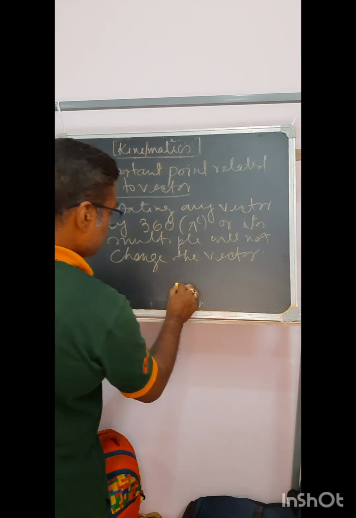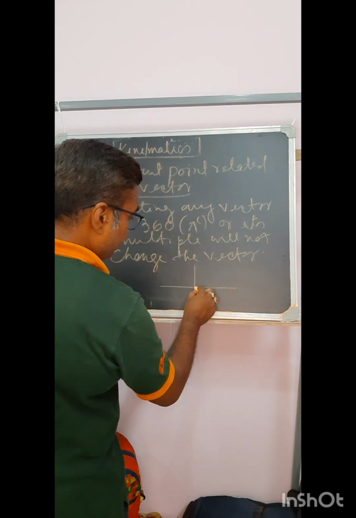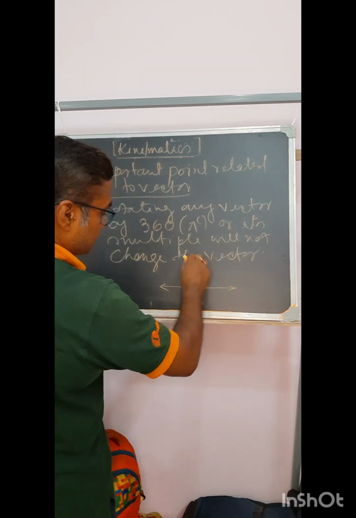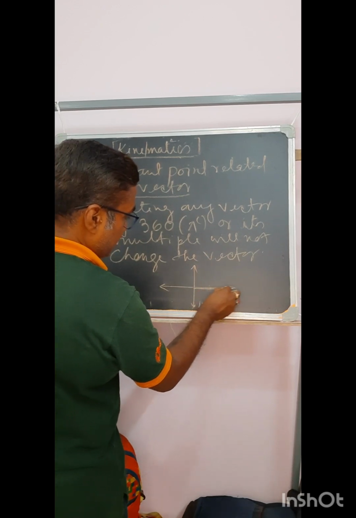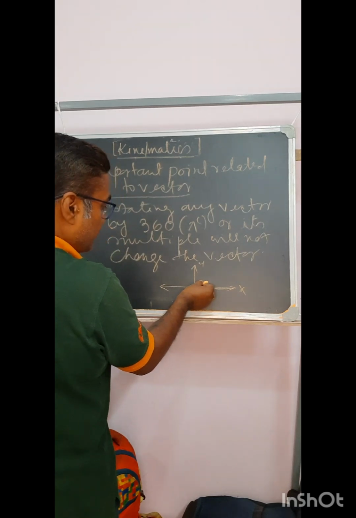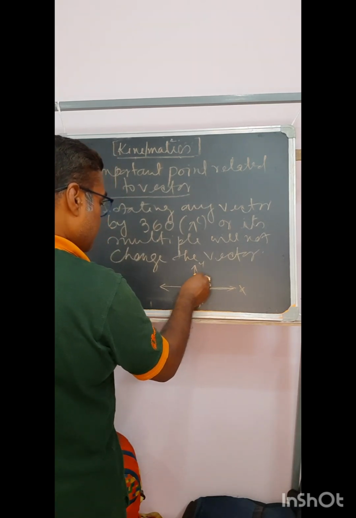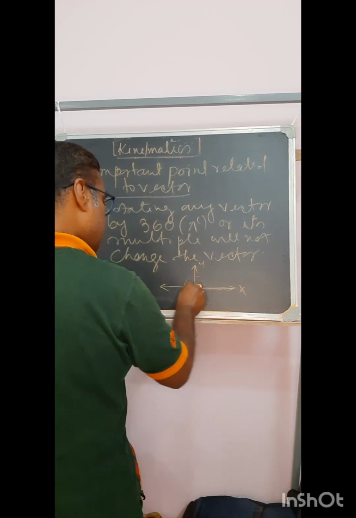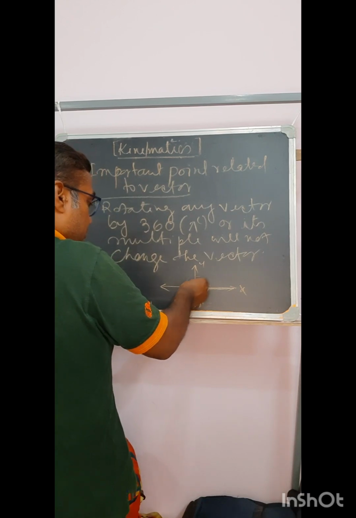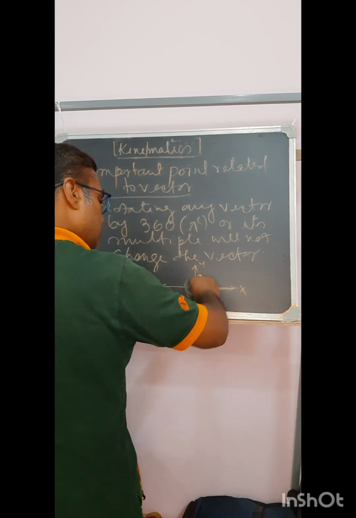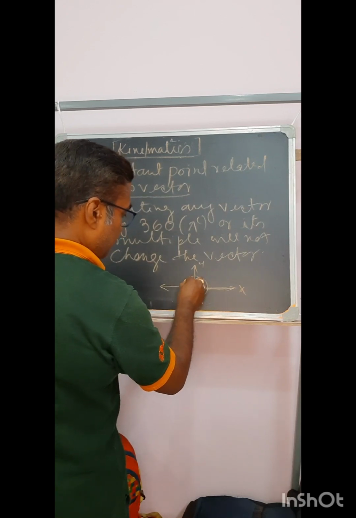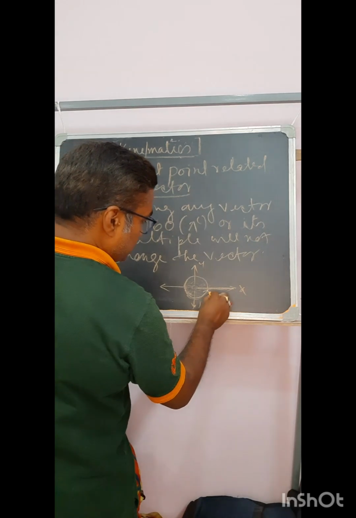Let me think. Now I am assuming this is one vector which is rotating along the axis. It has started from this axis x and now it has started moving. It moved up to 90, then from 90 to 180, then 180 to 270, pivoting at 0, then after 90 again and coming to this. So the total angle moved is 360.